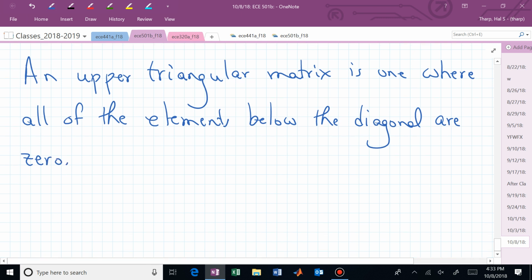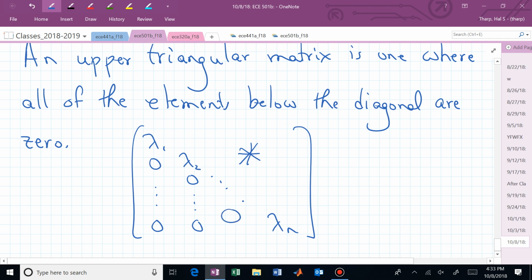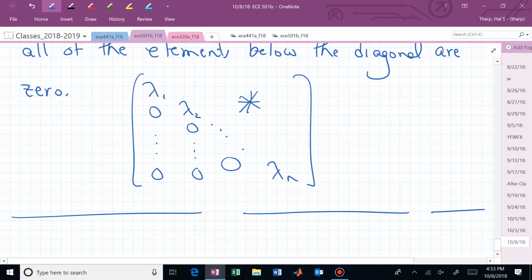And that we've already been using in our examples. So now we are really looking at lambda 1, lambda 2, lambda sub n, and there's a star, but everything else is zeros. That's our upper triangular matrix, and we've seen that we can produce the first column. Now we're going to learn that we can produce this upper triangular matrix structure.